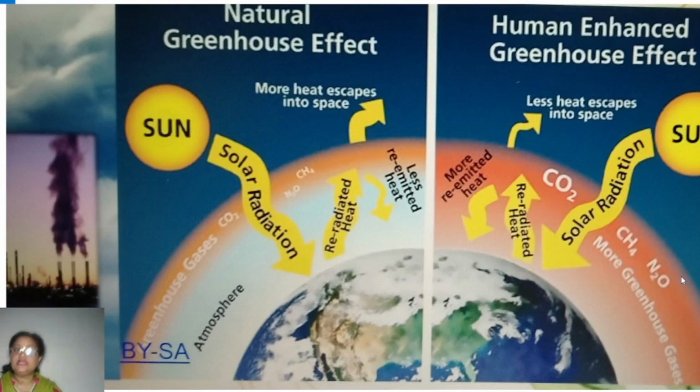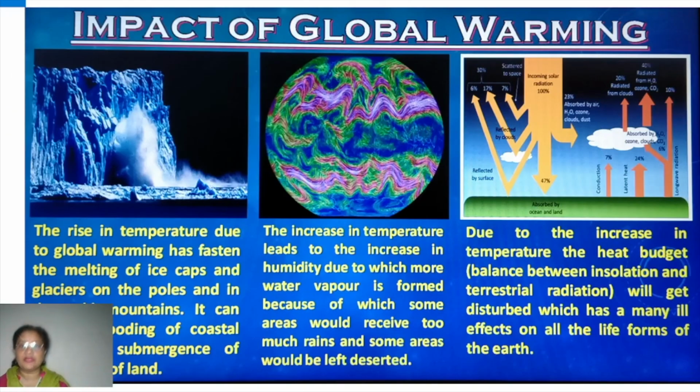Which is by the greenhouse effect, or by the increase of ultraviolet radiation, which is again due to ozone depletion. So all these things, children, cause the temperature to rise constantly. Now this global warming especially is the increase in temperature, caused by different reasons.